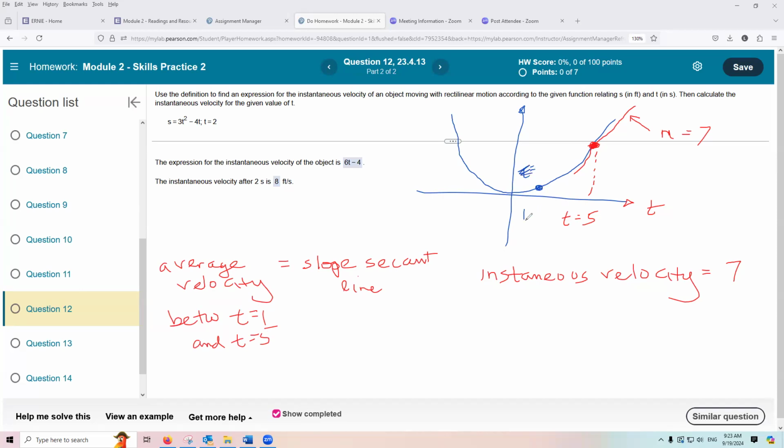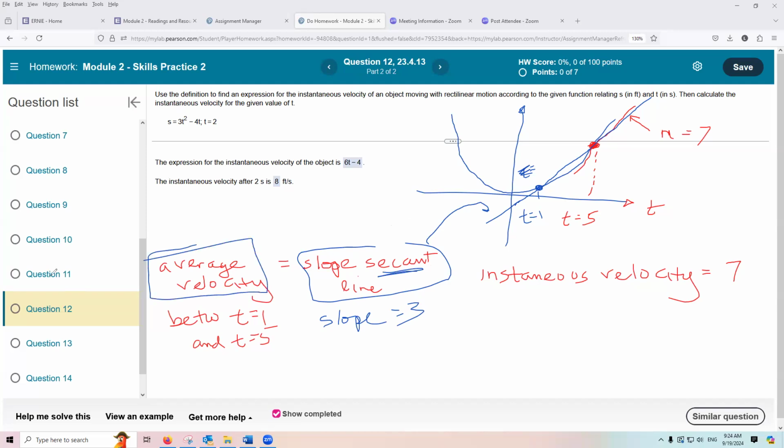Let me draw it down here, t equal 1. And I would visualize a secant line going through this curve. The slope of the secant line, let me make something up here. I'm going to say the slope is 3, just to make up a number. That slope 3 is the slope of the blue line. That's the slope of a secant line. That would be called average velocity.